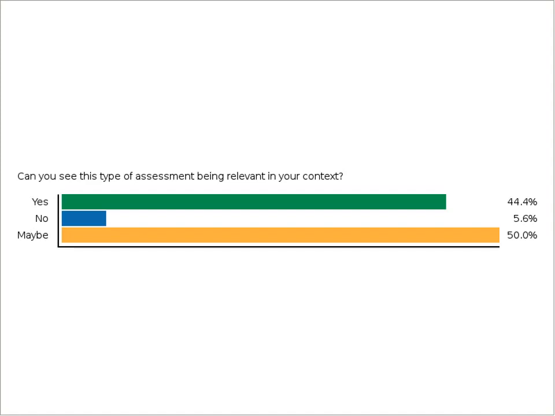The technical term is spurious accuracy. We look at numbers and think, oh, they must be true because they're numbers. We need to be very conscious, as we translate quality into quantity, that we don't lose anything in that translation.